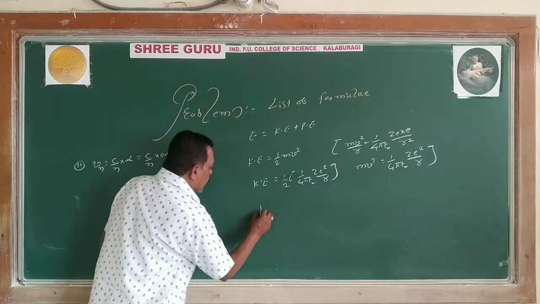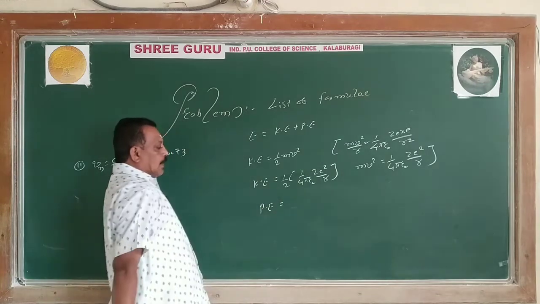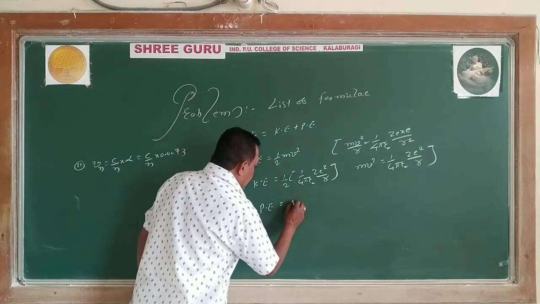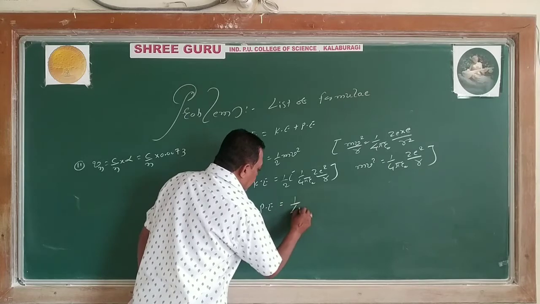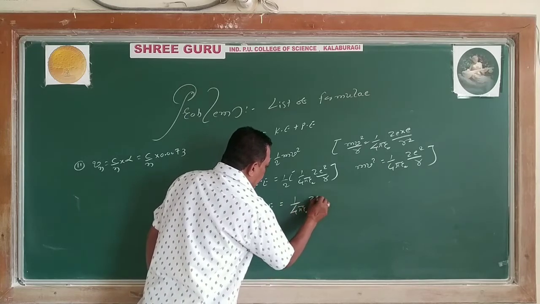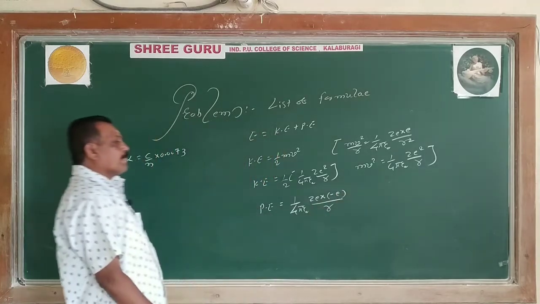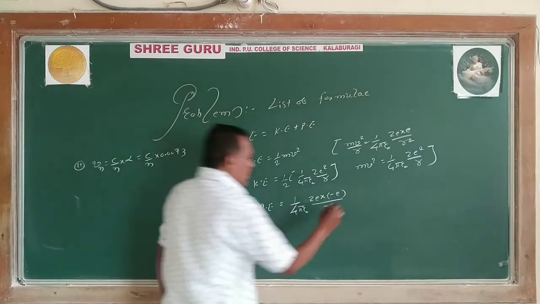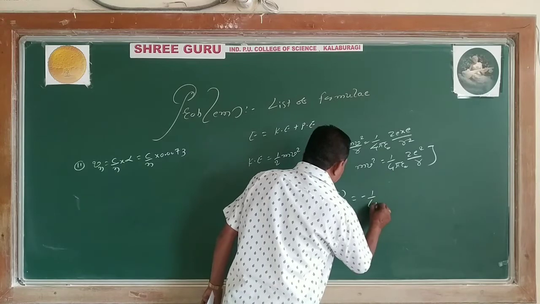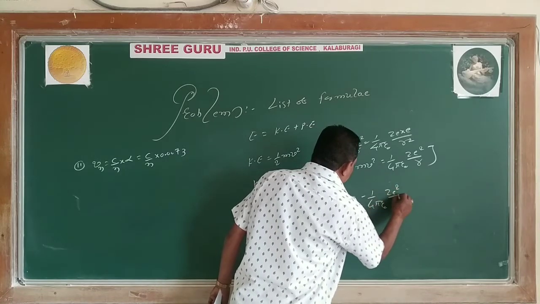Then the electrostatic potential energy, due to a system of two charges, is 1 divided by 4 pi epsilon naught, z e into minus e divided by the distance, that is minus 1 divided by 4 pi epsilon naught, z e square by r.